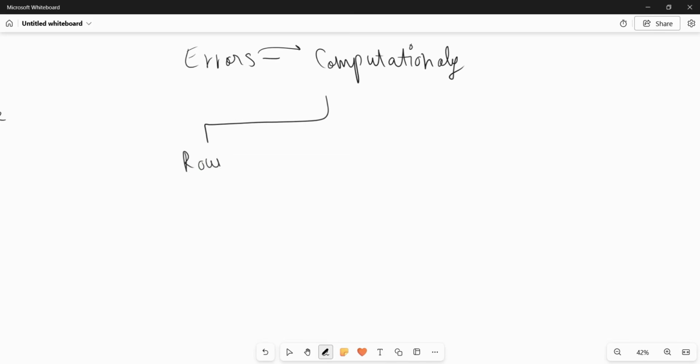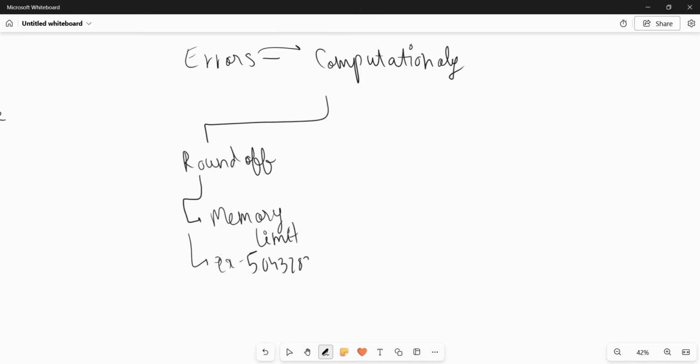One is your round-off error, and this is simple as the word says, it's due to memory limit. So sometimes, for example, your 5.04328296 might be rounded off to 5.043, and the rest of the part causes an error.